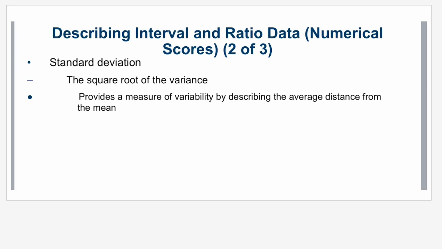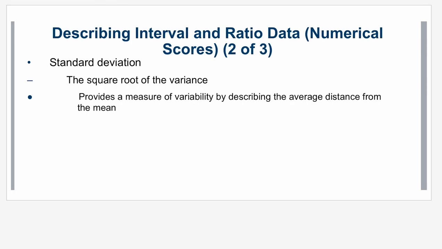We'll talk about that in a second, but it really is just measuring the variability of the scores, so how spread out those scores are. It does that by describing the average distance from the mean. So the standard deviation is the average distance that a score is from the mean, or from the average. It's showing you how those scores are scattered around the mean.